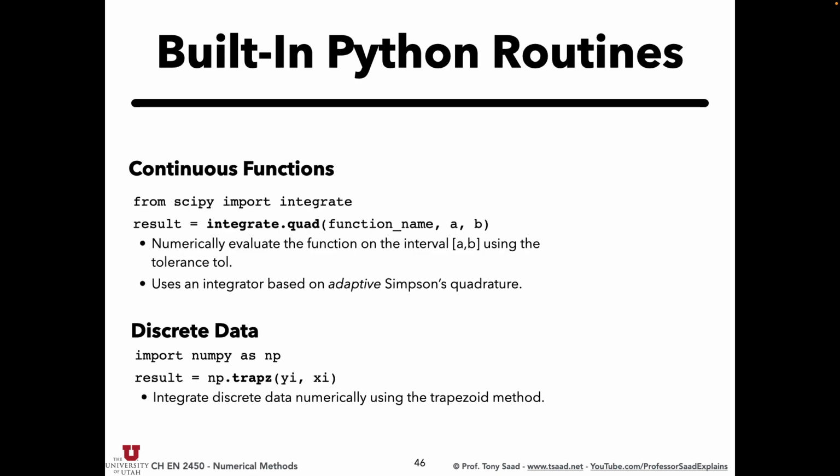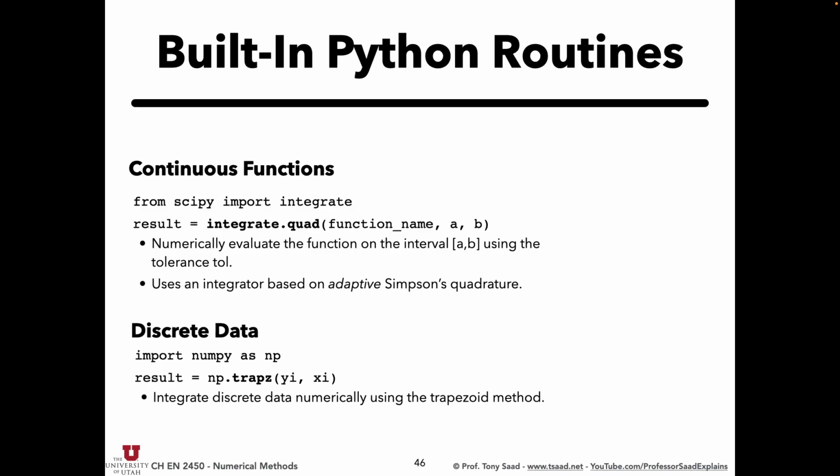Oftentimes, we need to do numerical integration of analytical functions, like integrate e to the minus x squared from 0 to 5, numerically. If you know the function continuously, you implement it as a routine in Python, and then you can use scipy.integrate.quad, quad for quadrature.